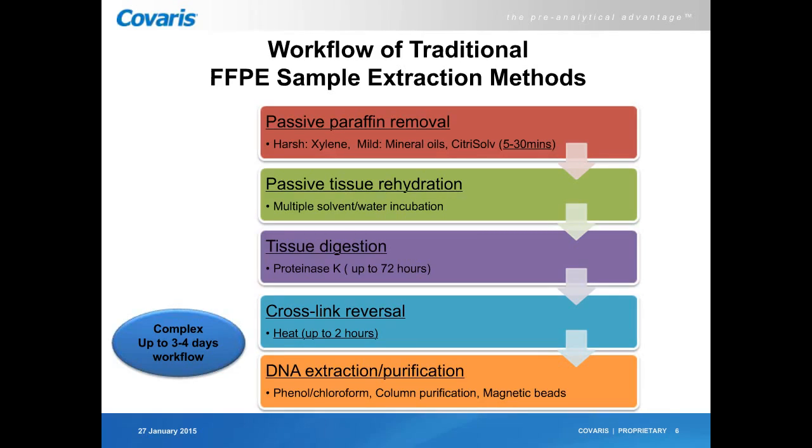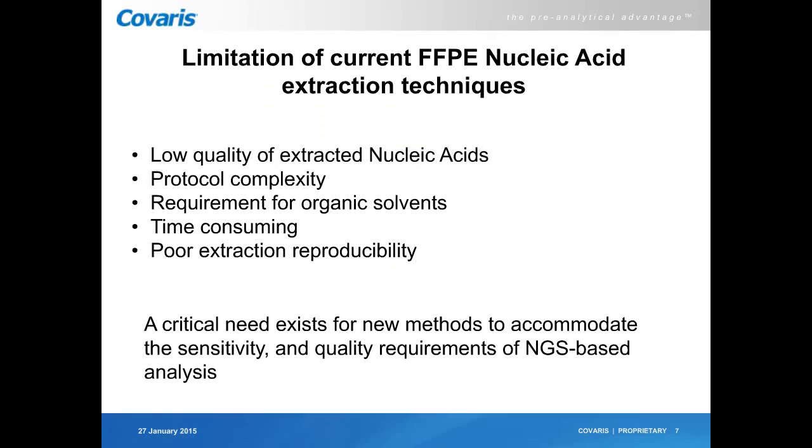And then you go to the DNA extraction and purification, usually done by column purification, magnetic beads, or even some phenol chloroform protocols. So overall, it's a complex workflow, taking up to 3 to 4 days, with many variables. And at the end, the output has many limitations when you're looking for high quality nucleic acid.